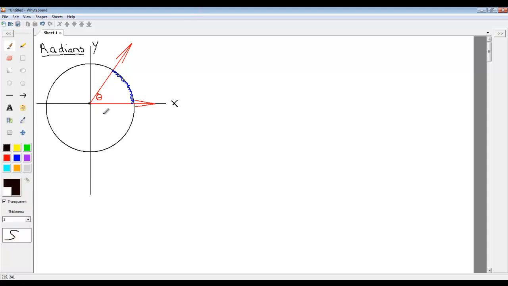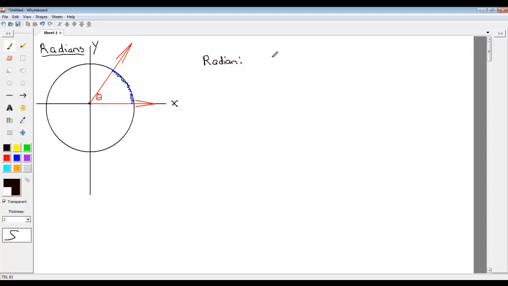Now angle theta, in the past we've been referring to the measure of that angle in degrees, but with radians, a radian is actually a ratio of the length of the arc that's intercepted by that angle compared to the radius of the circle.